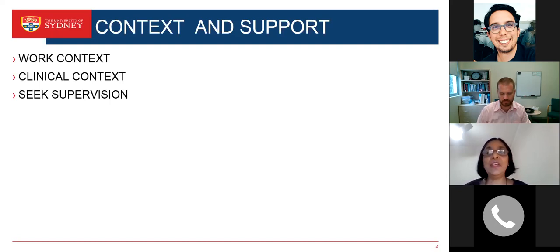And then the third thing really is, whenever we come up against a dilemma, I think the first step always has to be to seek supervision, because if it is a dilemma, it's unlikely that it can be easily solved all by yourself.